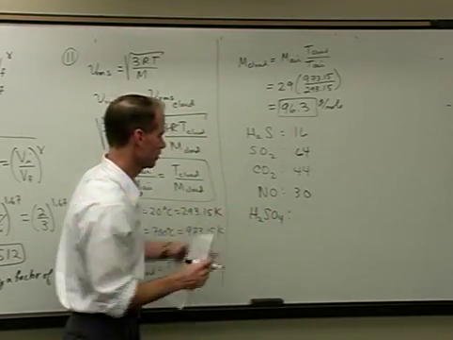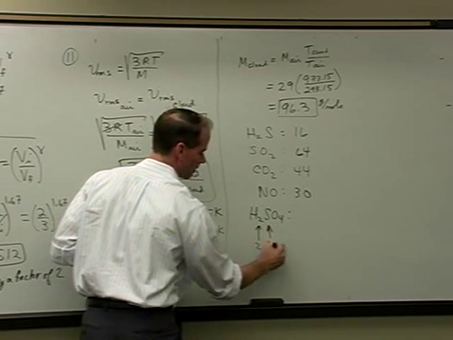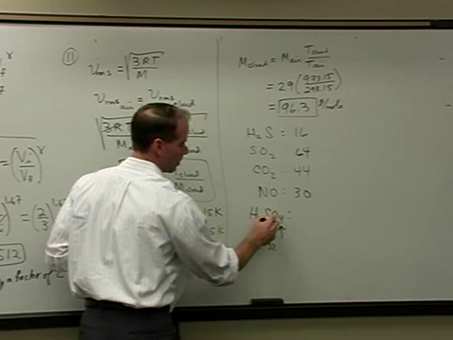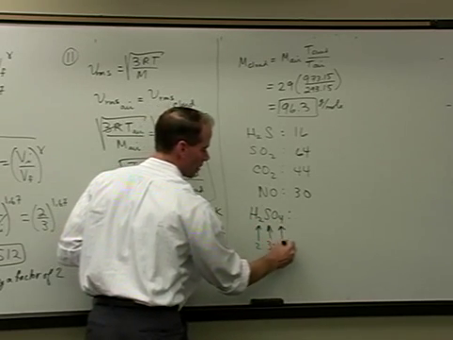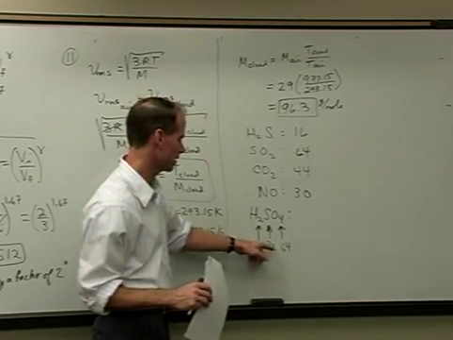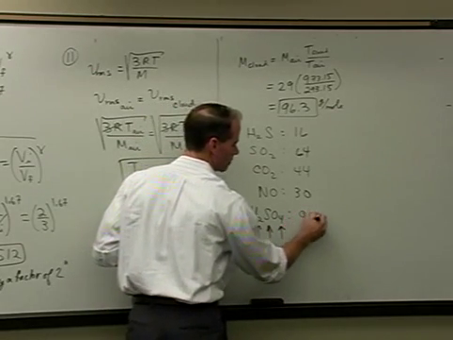And we have 1, 2 from the hydrogen, 32 from the sulfur, and 64 from the 4 oxygens, because we have 16 plus 16 plus 16 plus 16. So that is 96, 98 grams per mole.